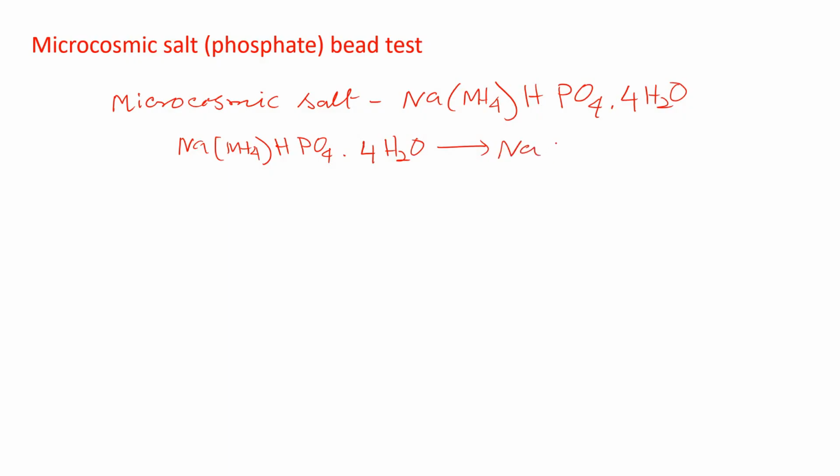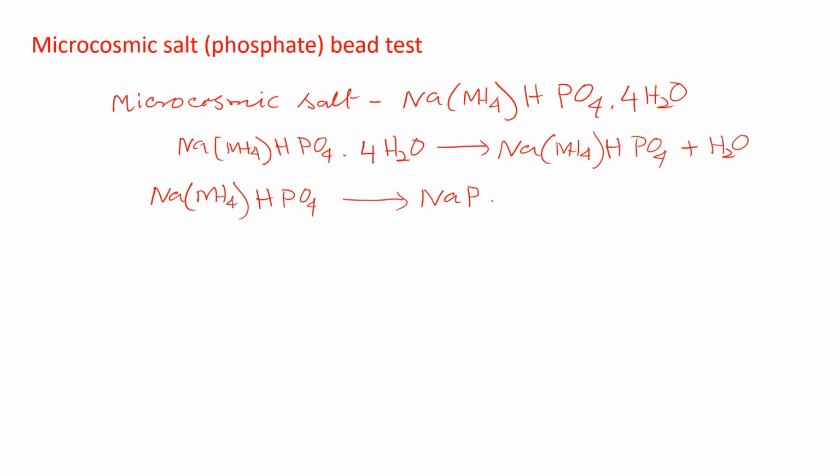Anhydrous salt is sodium, ammonium, hydrogen, phosphate plus water. Right? Now, what happened? This anhydrous salt NaNH4 hydrogen phosphate, when it is heated, it forms the sodium metaphosphate.